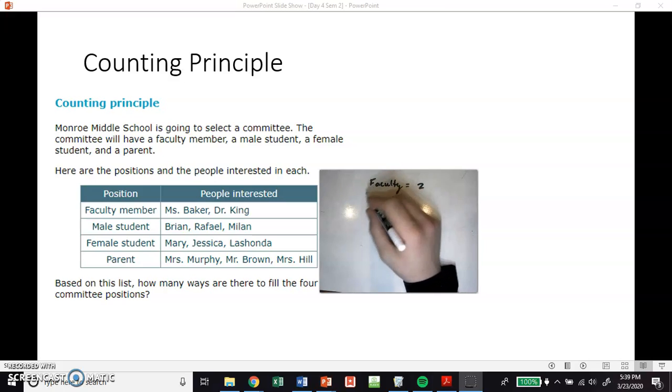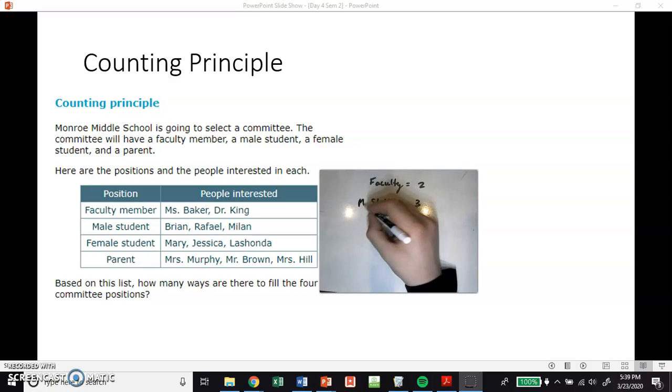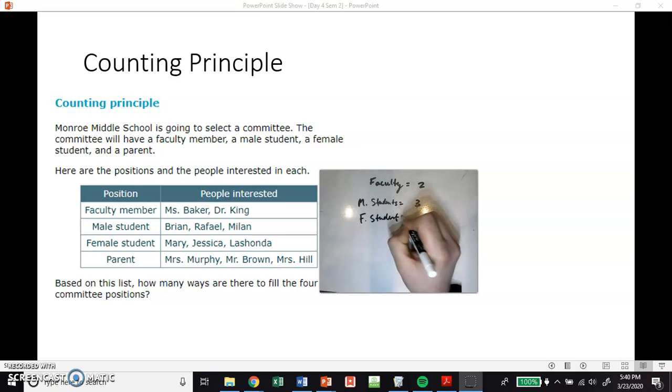We've got 3 male students, Brian, Raphael, or Milan. For the female students, there are, again, 3 of those. And for parent, there are 3 of those.